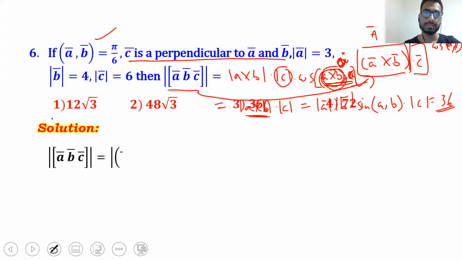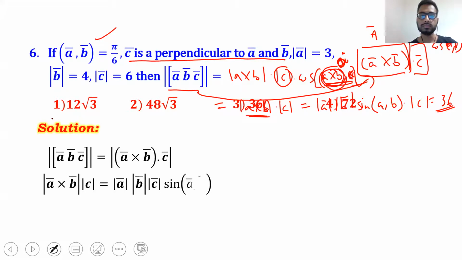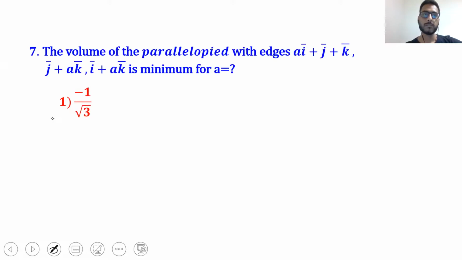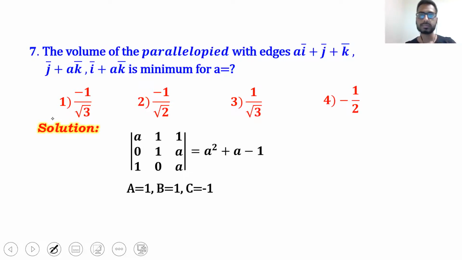Let's see the solution. Therefore this, and hence the answer is 36. Volume of parallelepiped with edges this and this is, so we can directly apply the formula, and the formula for that is minus B by 2A.